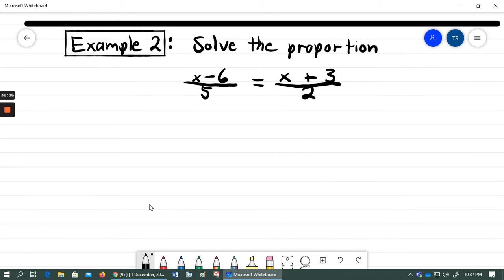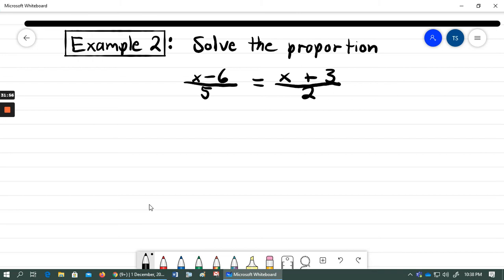Alright folks, so let's look at Example 2 here, where they say solve the proportion, and it doesn't exactly look like the last example that we looked at. Here we've got x minus 6 over 5 equal to x plus 3 over 2.